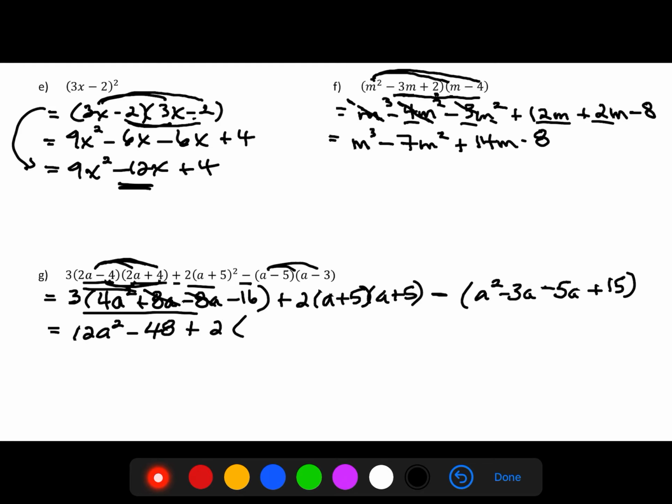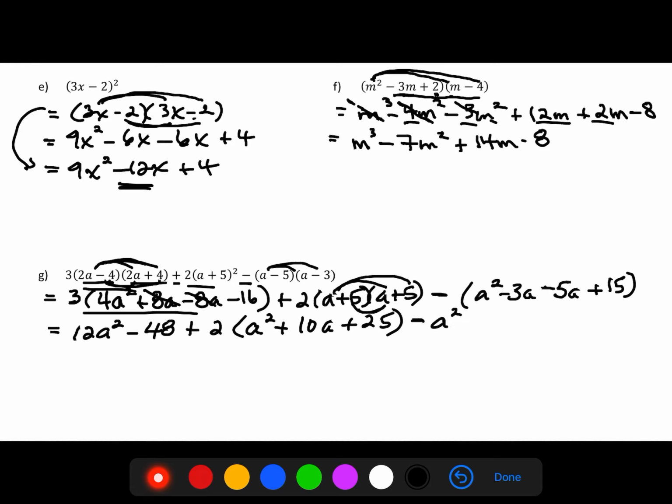So 12a squared, notice that our a terms cancel, and we're just going to have minus 48. Now we're going to multiply out our a squared, and notice that if we go straight to combining our middle terms, we can put in there 10a and plus 25, and we can take out our last set of terms by applying the minus.